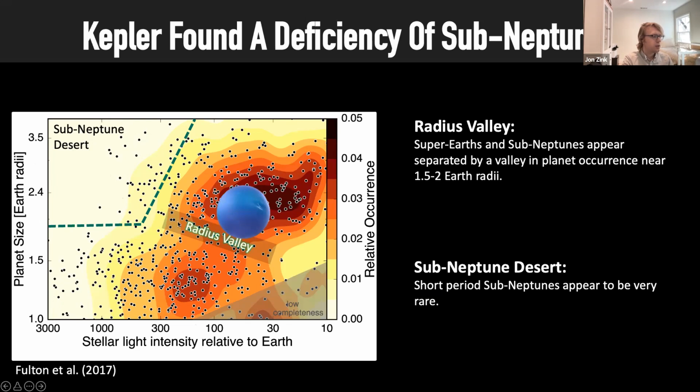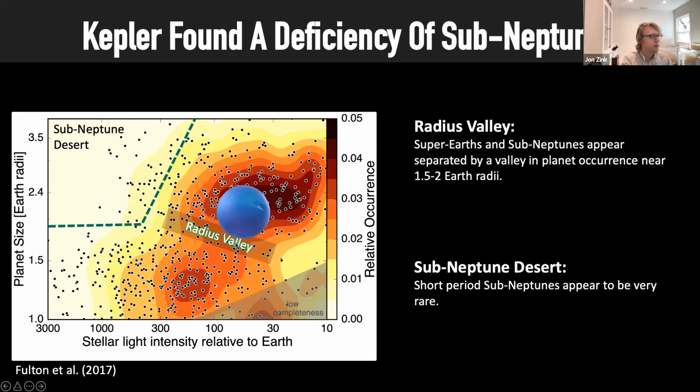So this was a lot of work done by B.J. Fulton et al. to show that there seems to be kind of this divot in planet occurrence as a function of radius right in this region here, kind of separating the sub-Neptunes and the super-Earths. The expected formation mechanism that may cause both of these features is potentially photoevaporation.